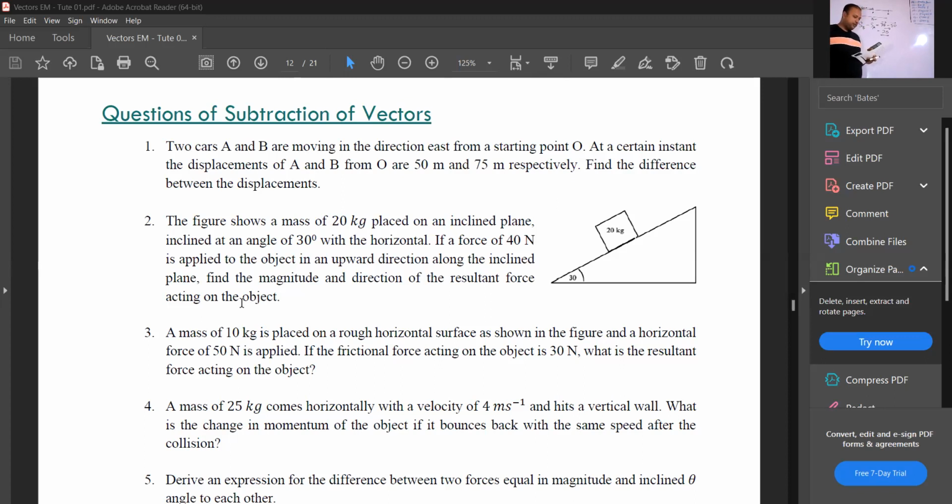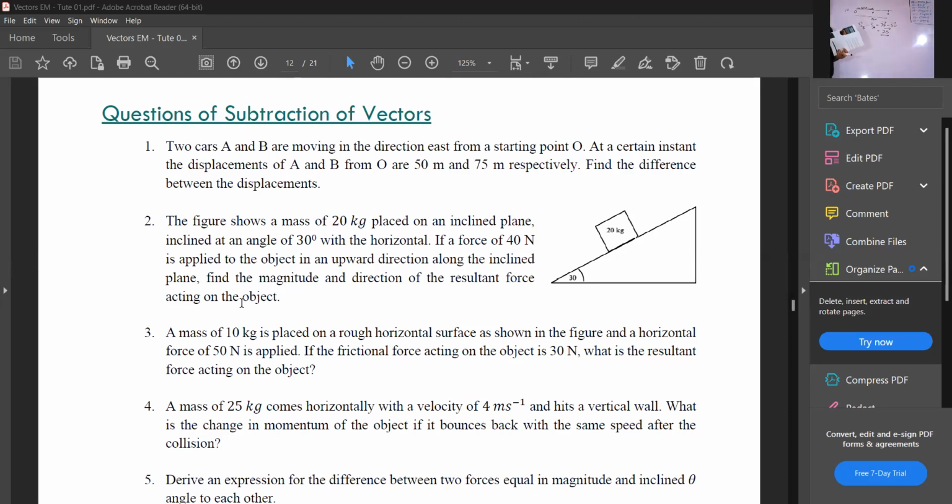If a force of 40 Newton is applied on the object in upward direction along the inclined plane, find the magnitude and direction of the resultant force acting on the object.